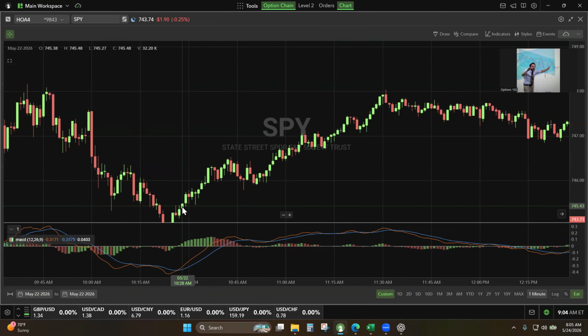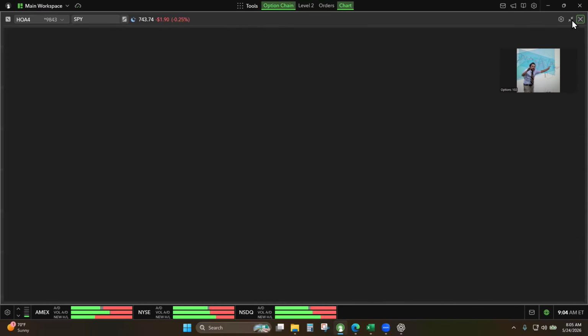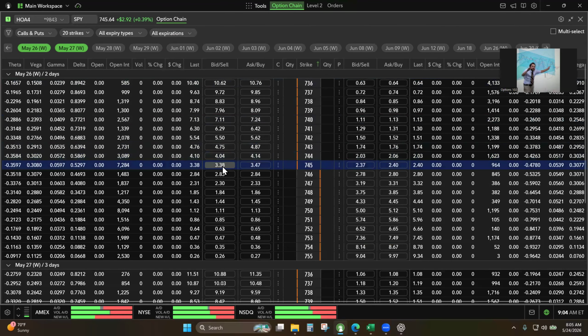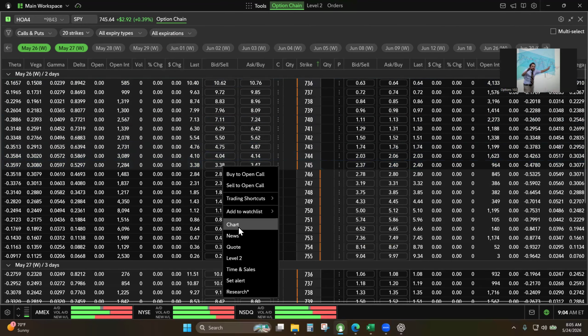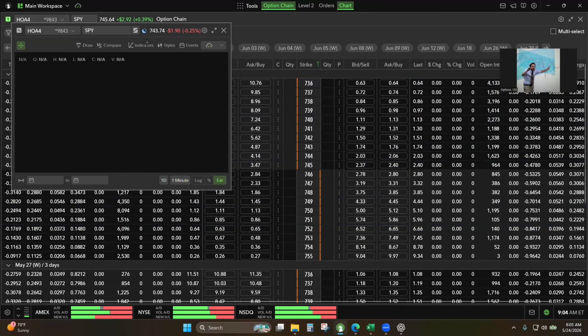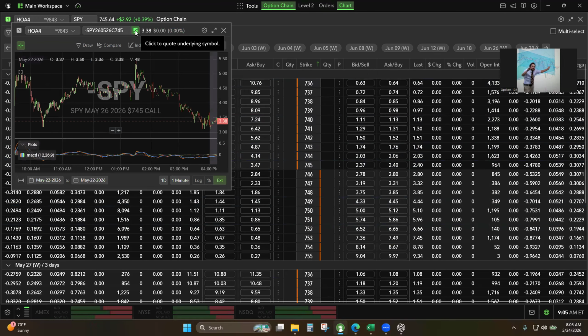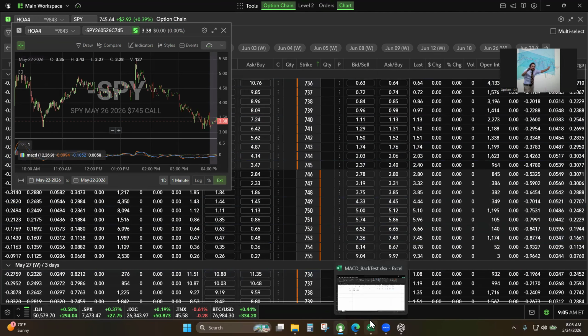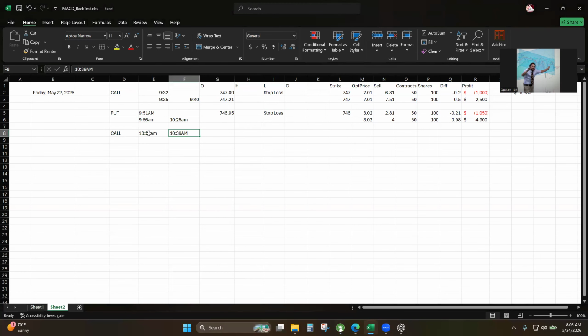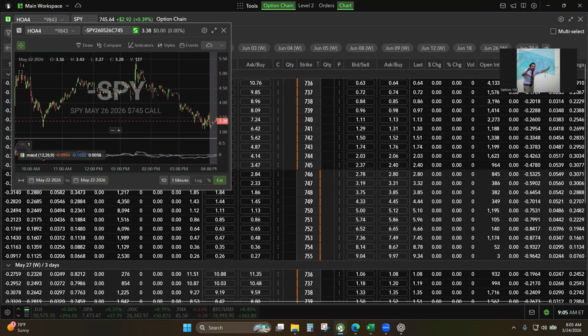So when I'm actually buying this option, I'm going to be buying the 745 call. Let me go to the 745 call, go to the chart, go to the option, and I'm going to be buying that at 10:28 a.m. and getting out at 10:39 a.m.